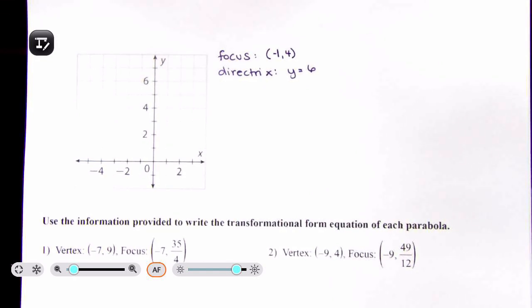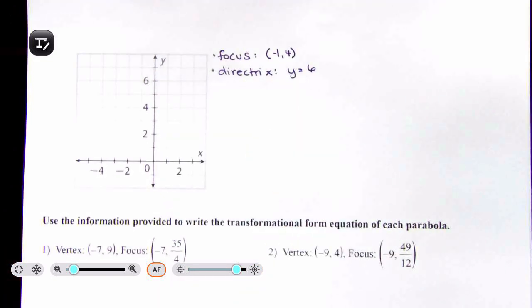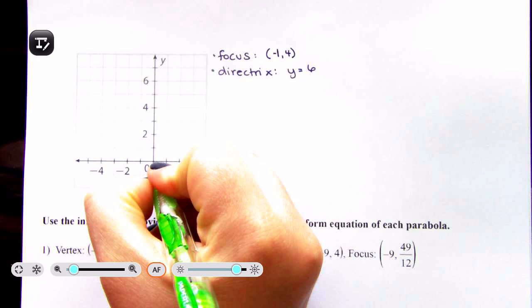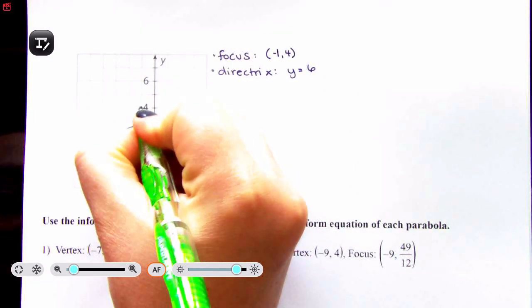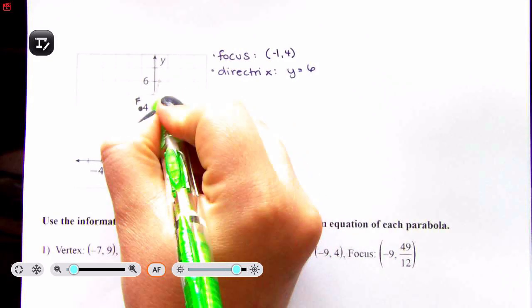These are the only two pieces of information that they give you, and with your focus and your directrix, it's more than enough. Again, step number 1 is always to sketch what you have. So your focus is (-1, 4), here's your focus. Your directrix is at y equals 6.